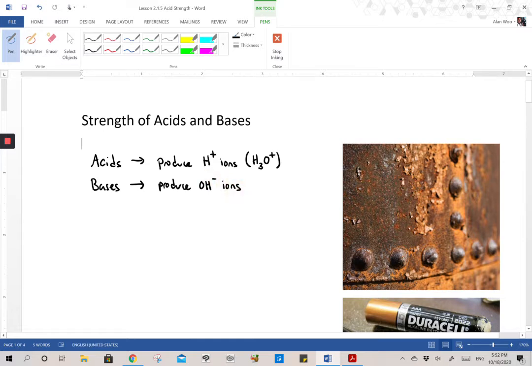When the two of these combine, when you take an acid and mix it with a base, it's like taking H pluses and combining them with OH minus. It's going to create water.